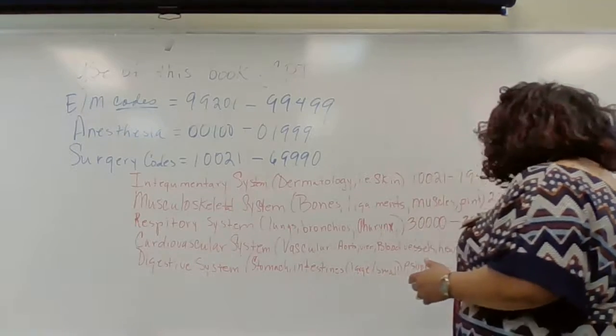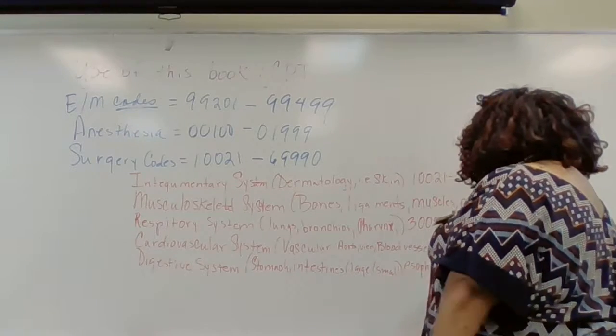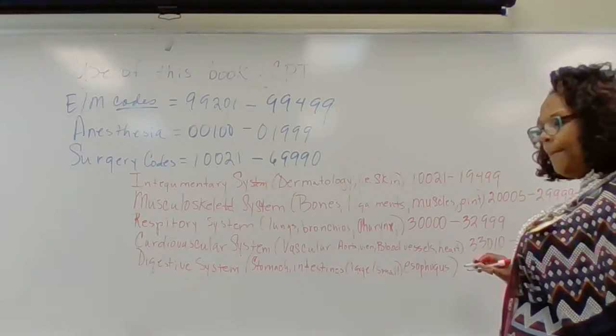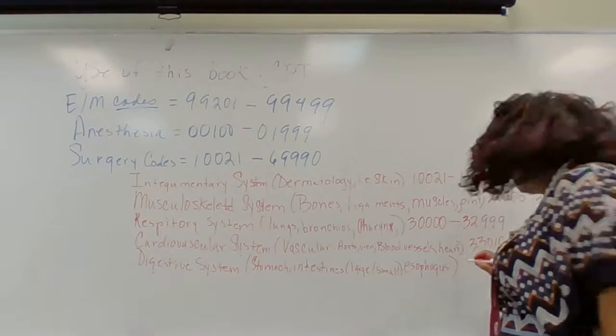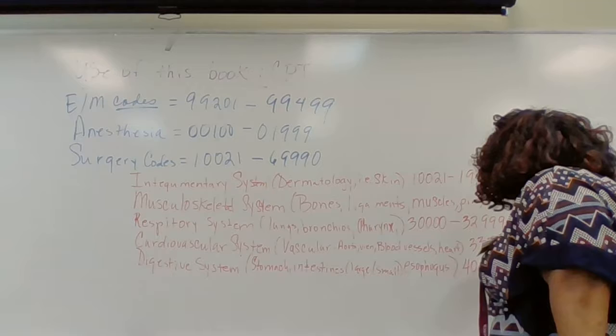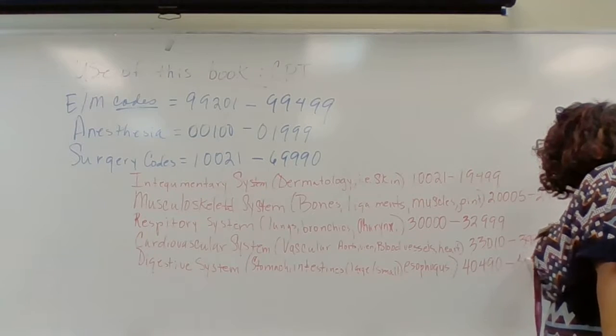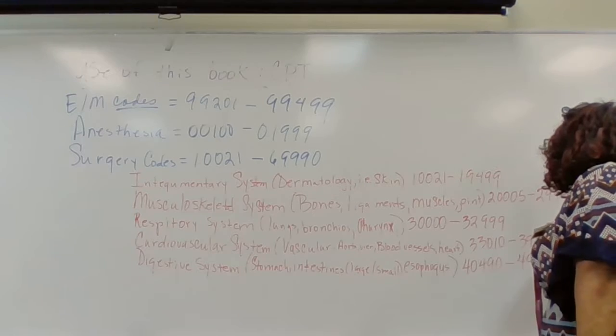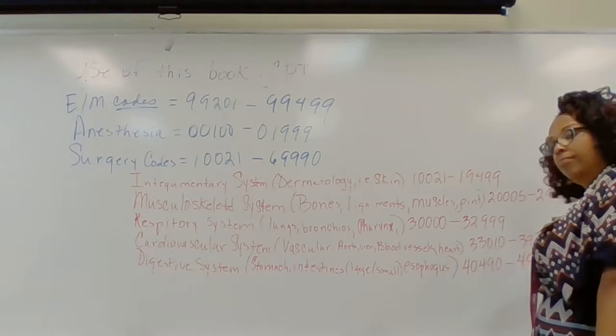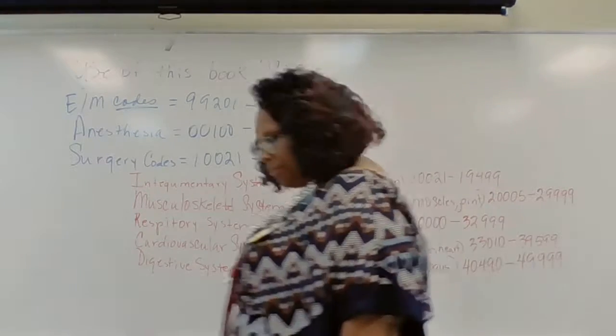Now, what category of numbers are they? 40490 to 49999. 49999. Okay. What's the next one?